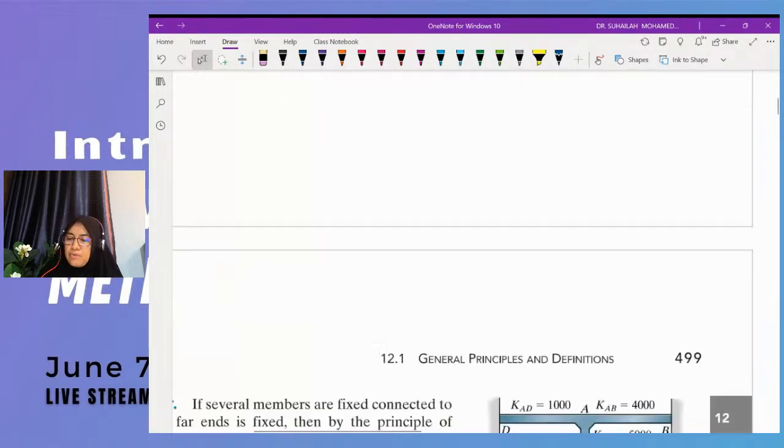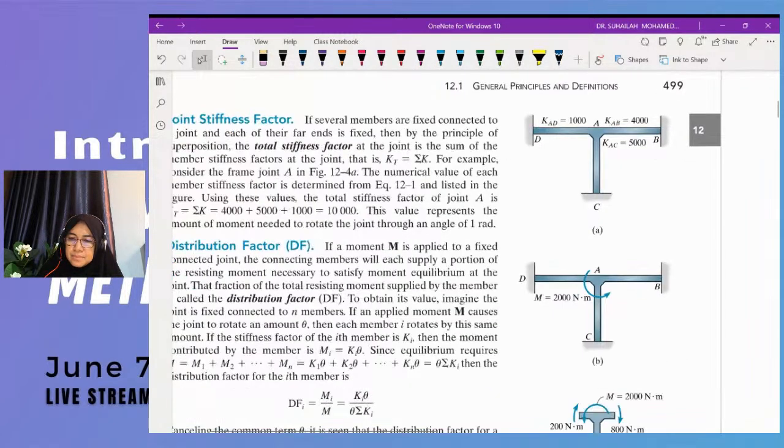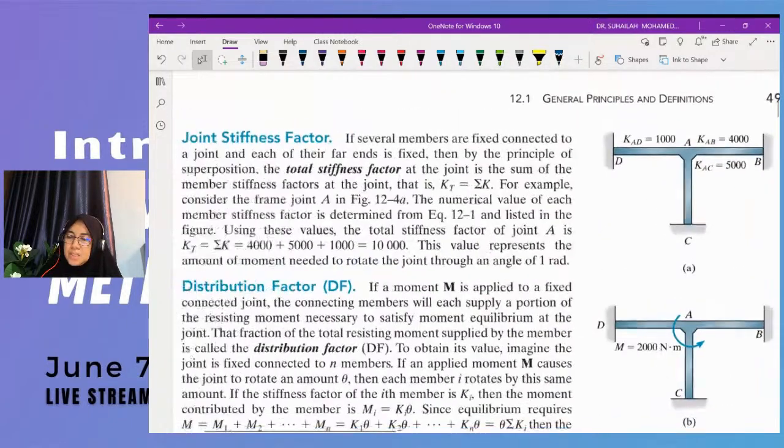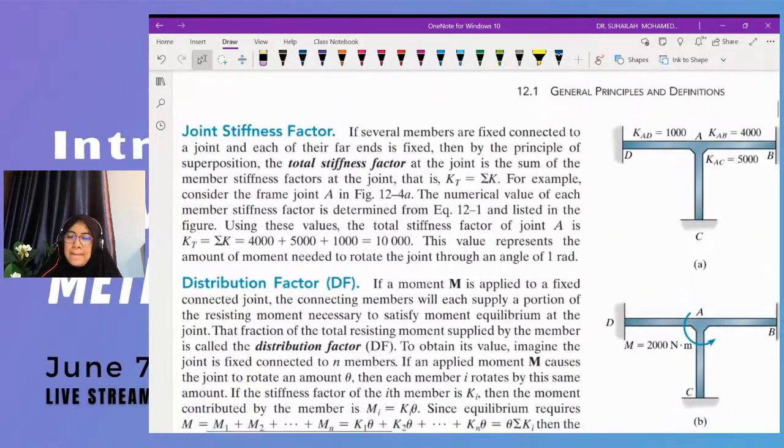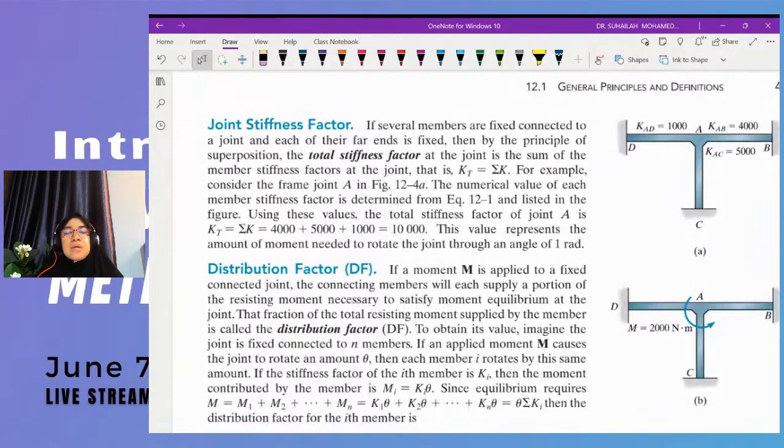Okay, so move to next. After this we will determine the distribution factor, and in the distribution factor we use the K value. It is K divided by total K. K is member stiffness.